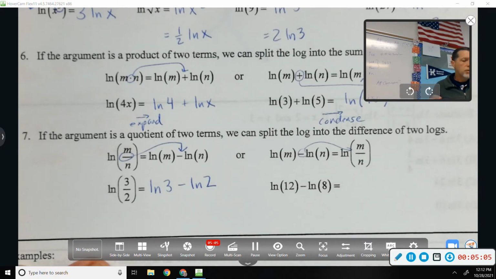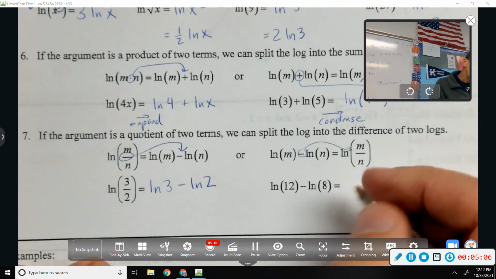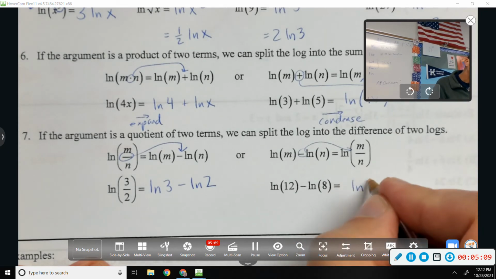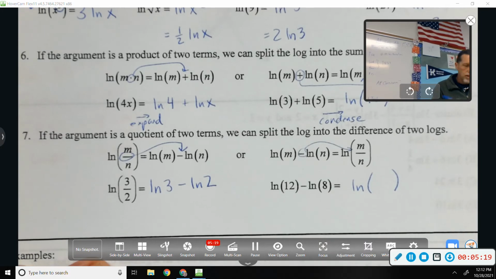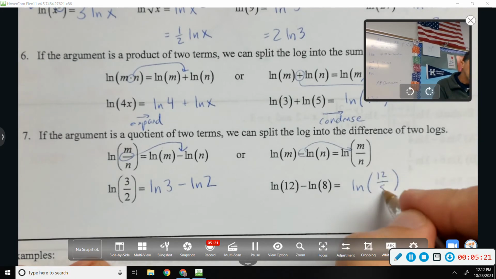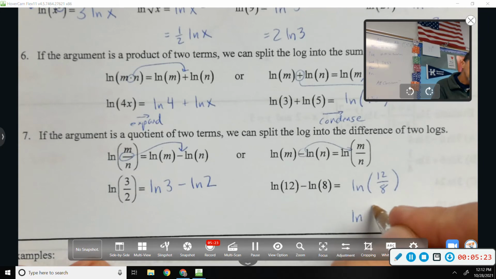That would be expanding it. Condensing it would be to put these back as 1. What would the argument of this one be? Natural log of 12 over 8. And then you could reduce 12 over 8 to 3/2.